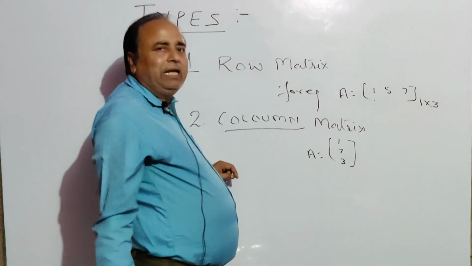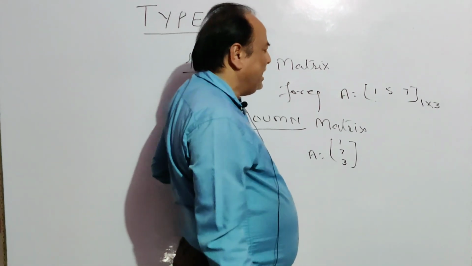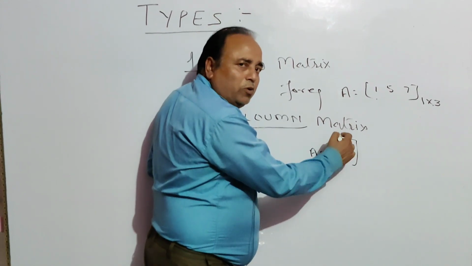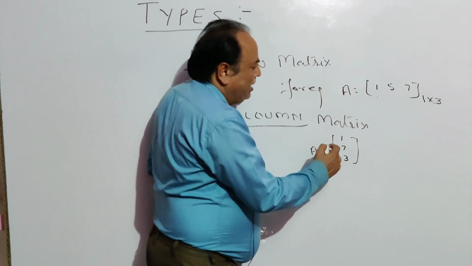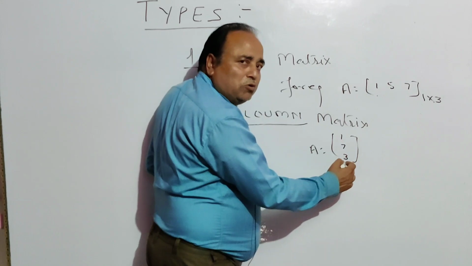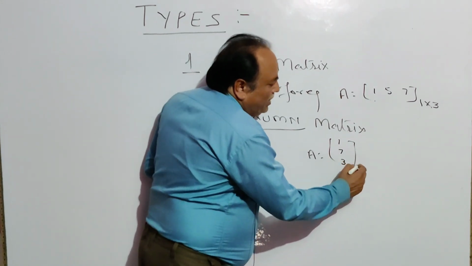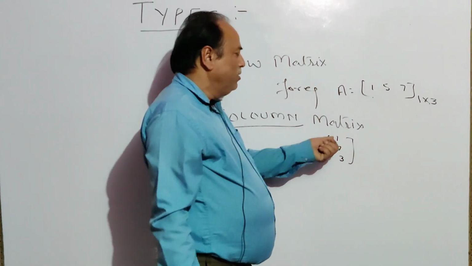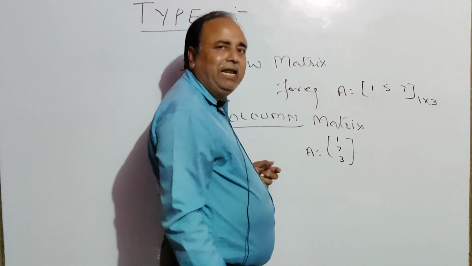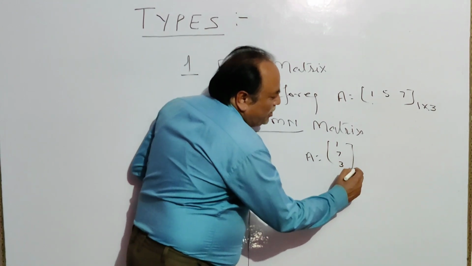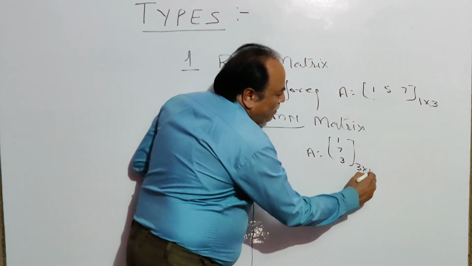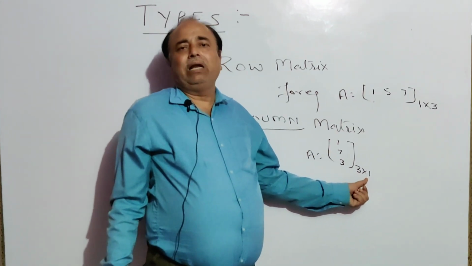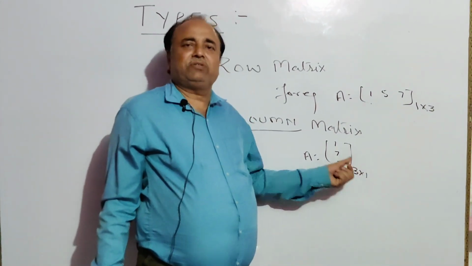As I told you earlier, vertical lines represent columns, and horizontal lines represent rows. So it has one column. Its order is, how many columns are here? One column. And how many rows are here? 3 rows are here. So its order is 3 into 1, because first of all, we write rows and then columns while mentioning the order of a matrix.